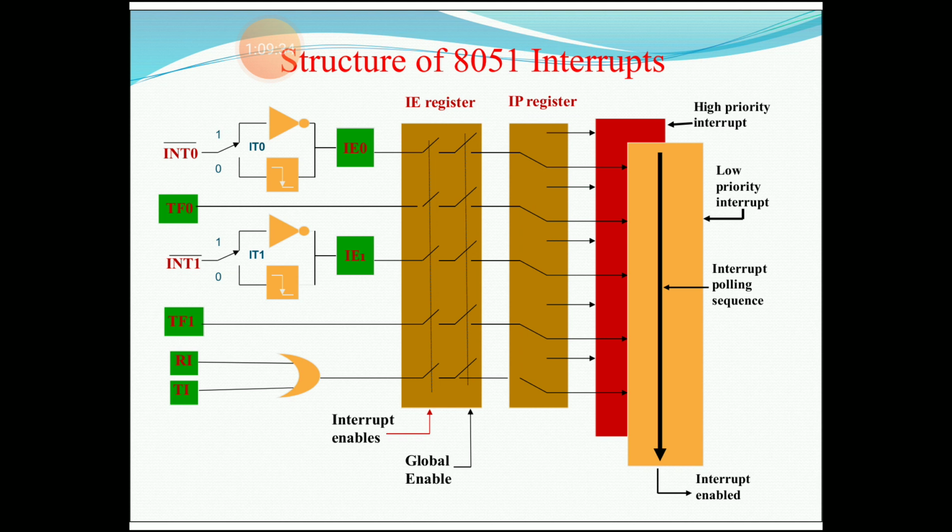If the bit is logic 0, those interrupts are given to the low priority block. In the high priority block, the interrupt is serviced first. In the low priority block, the interrupts are serviced next. This is about the structure of 8051 interrupts.